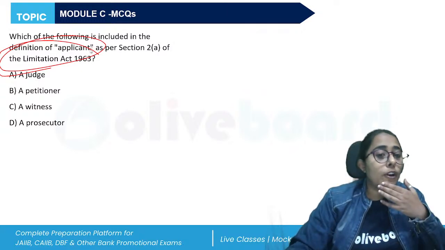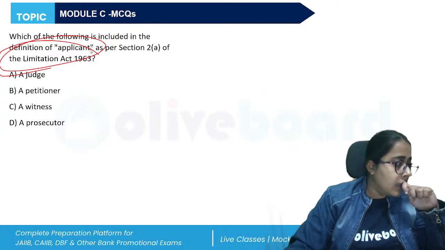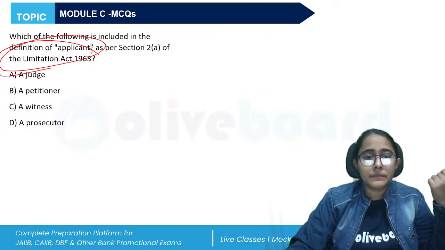Okay, so some important definitions that are given in section 2 of the Limitation Act are related to the applicant or the plaintiff, then what is the period of limitation.